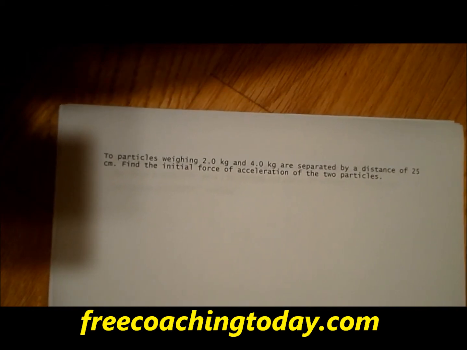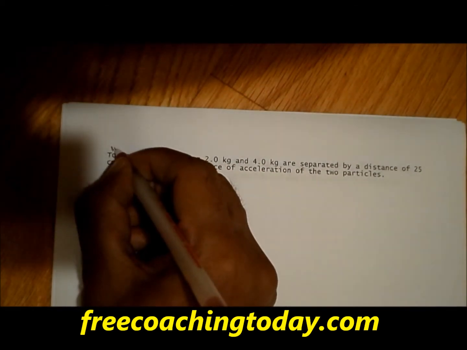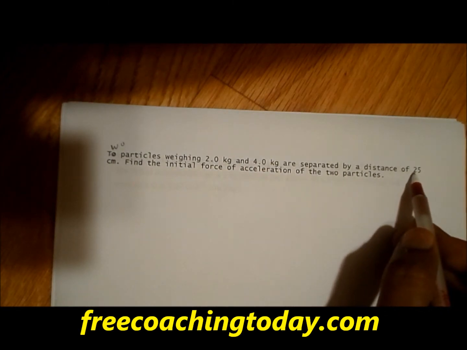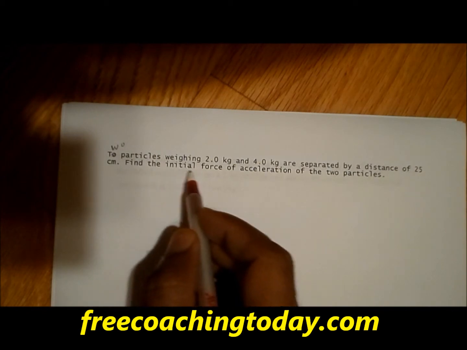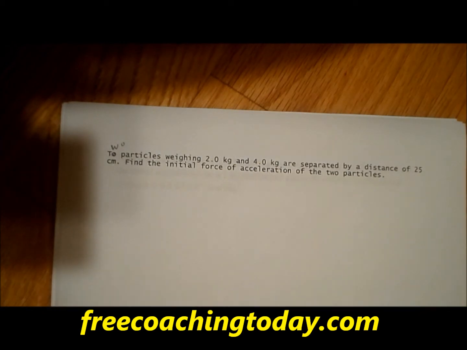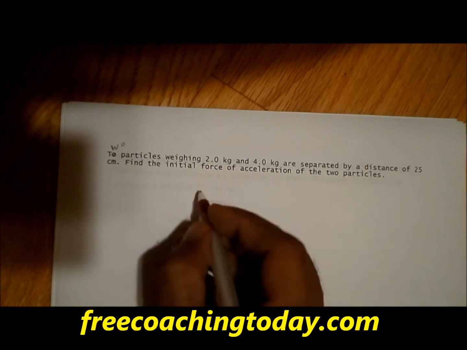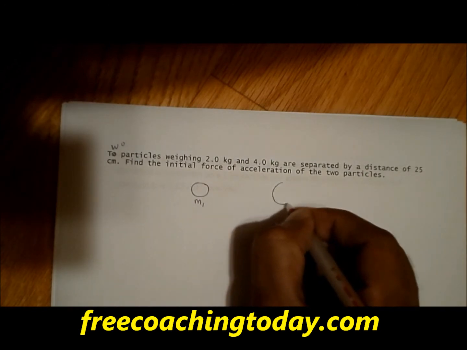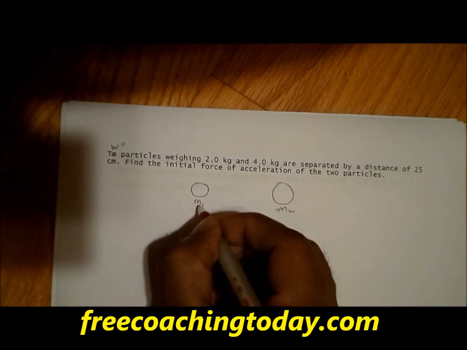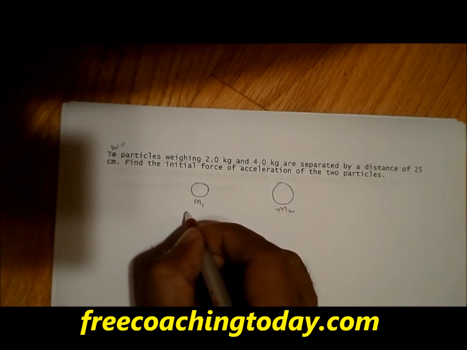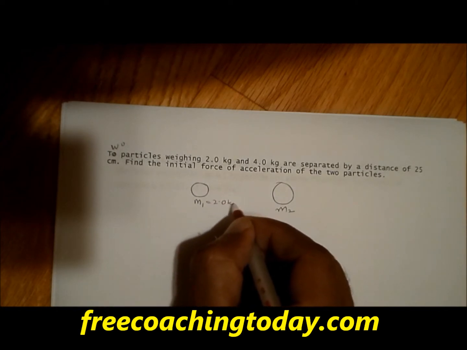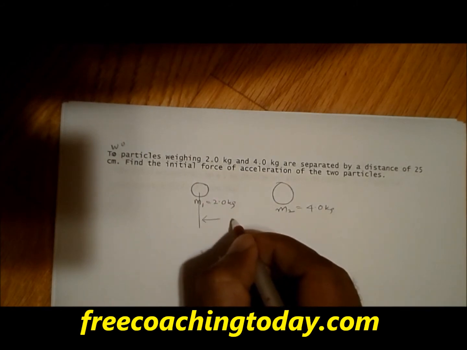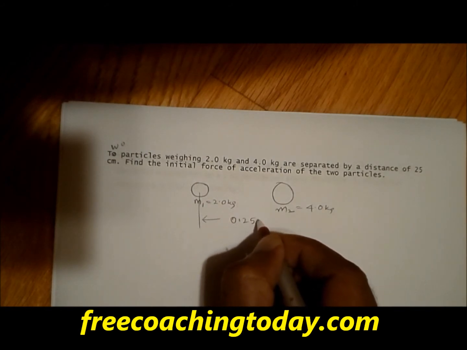We have a problem that says we have two particles. They weigh 2 kg and 4 kg and are separated by 25 centimeters. Find the initial acceleration of the two particles. Let's say one particle is m1, another particle is m2. This one is 2 kg and this one is 4.0 kg, and the separation between them is 0.25 meter.